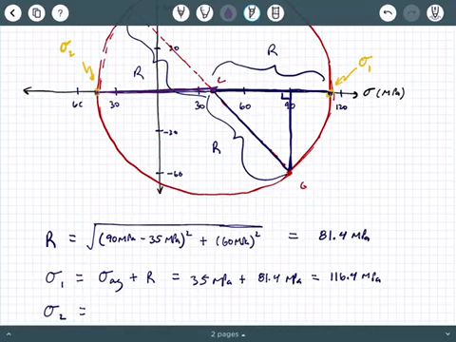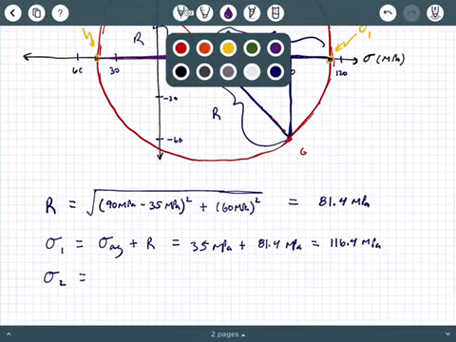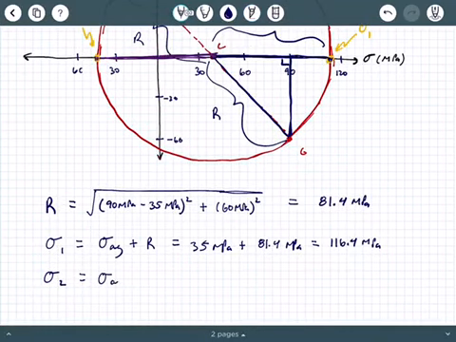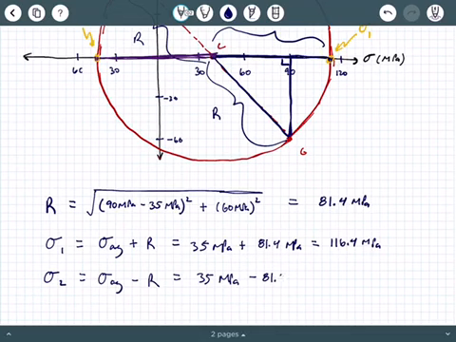Well, we're going to do something similar. Remember, this is a radial line from the center all the way to sigma 2 as well. This is also a radial line right here. So how can I get sigma 2? I'm going to say the center coordinate, 35 megapascals, minus the radius, and that's going to put me right over here.